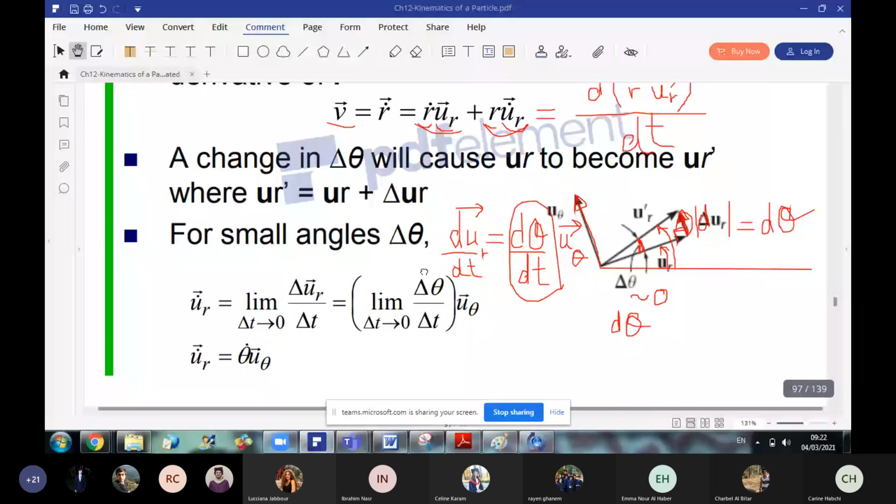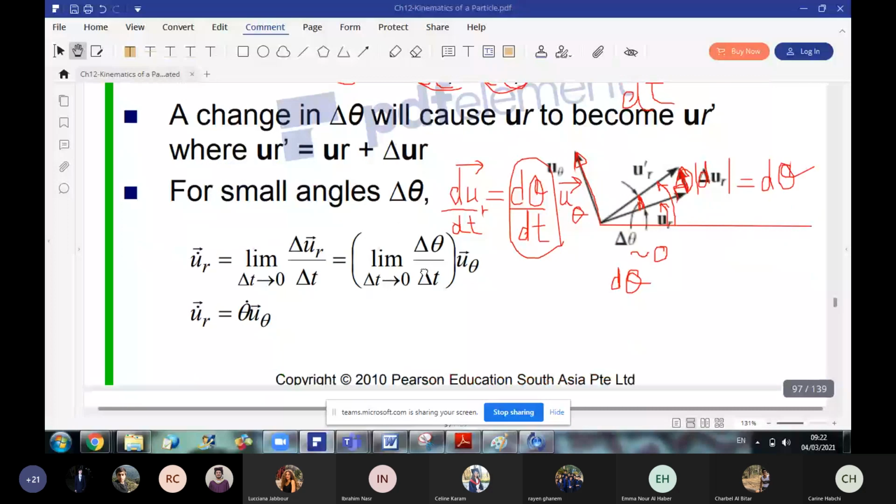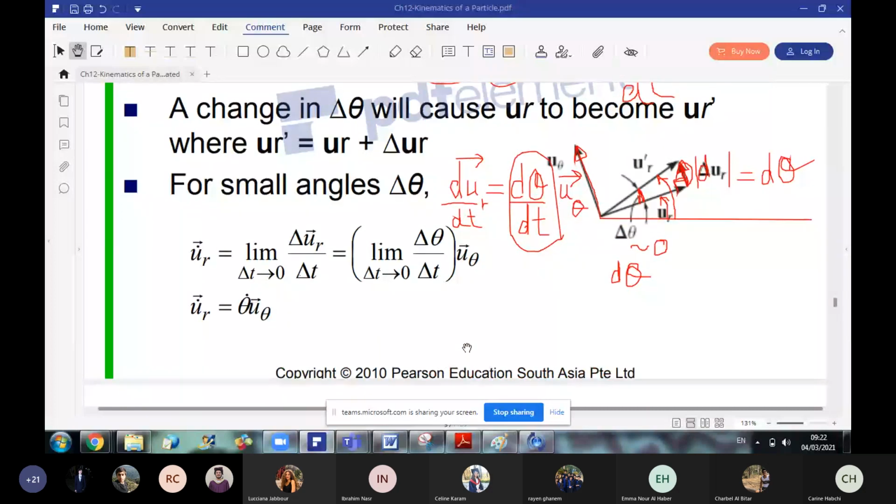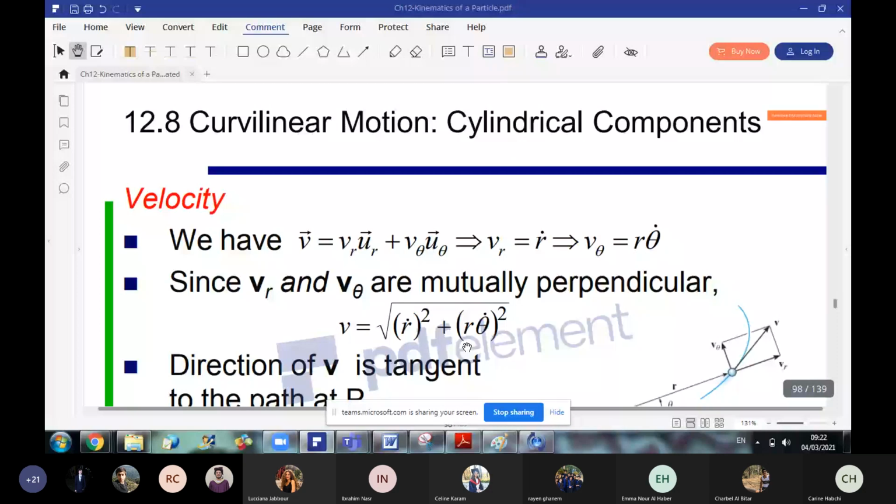As we said, dUR by dt can be written as theta dot U theta when delta t tends to 0, and then I get a final expression of velocity having two components, VR and V theta, radial and transverse components. The radial component VR is R dot, dr by dt. If I compare with my expression, what is V theta? V theta is R theta dot.